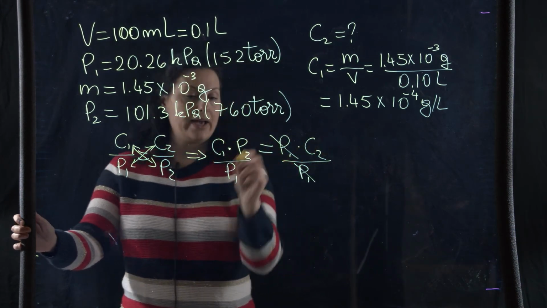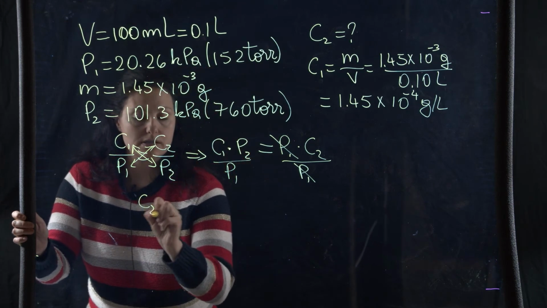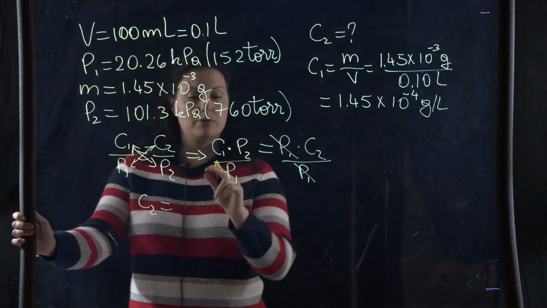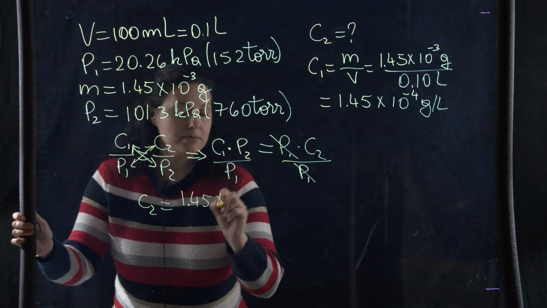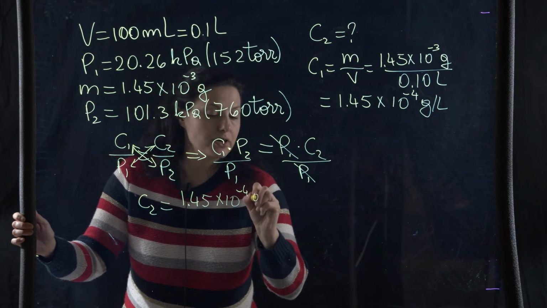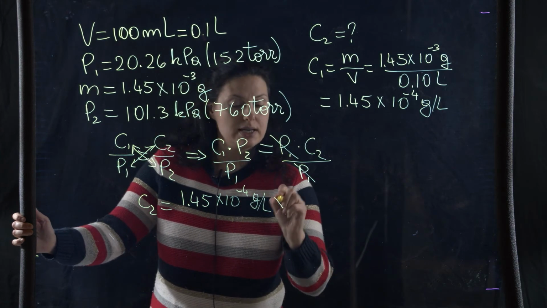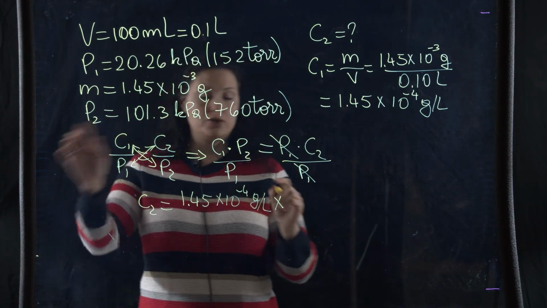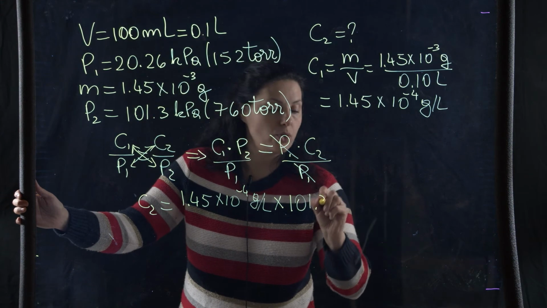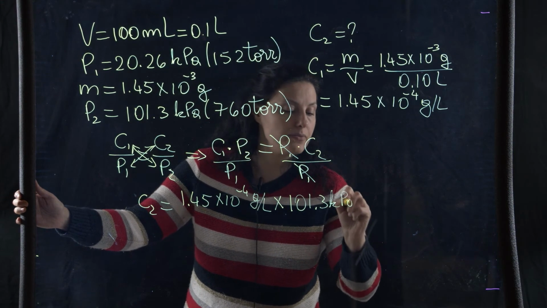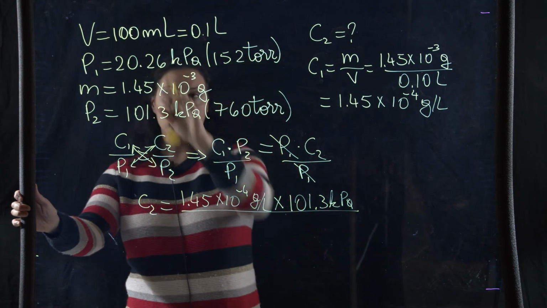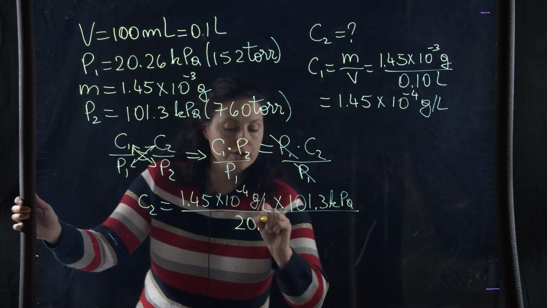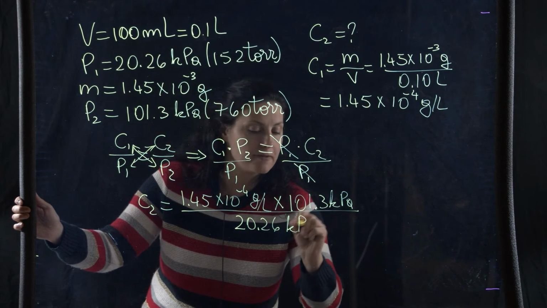And now I can plug these numbers in. So C1 is 1.45 times 10 to the minus 4th grams per liter times P2, which is 101.3 kilopascal. You can use the torr as well, divided by 20.26 kilopascal.